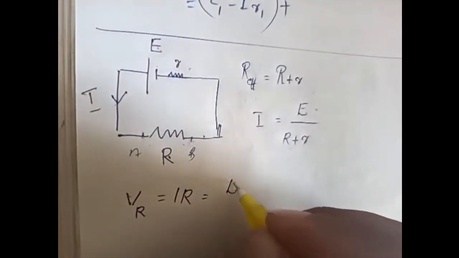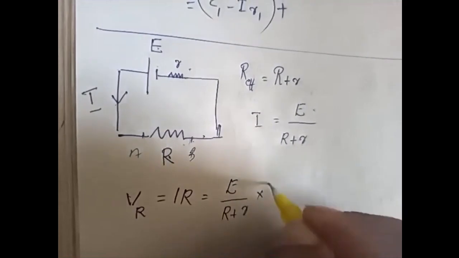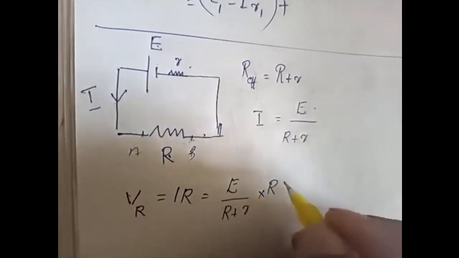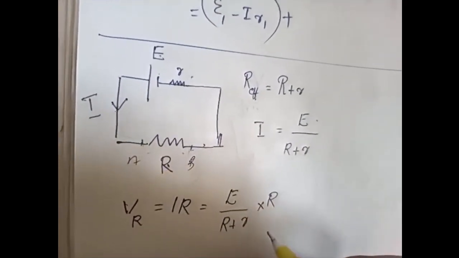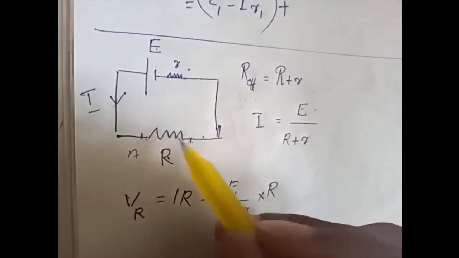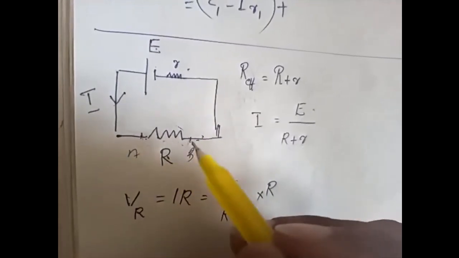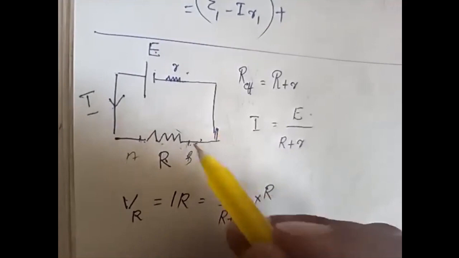That is E by R plus r, into R. That is E R by R plus r. That will be the potential drop between these two points, A and B. That is the potential drop at the load resistance capital R.